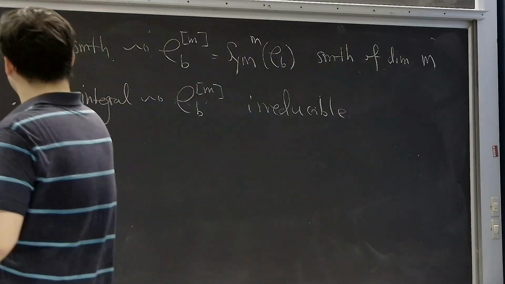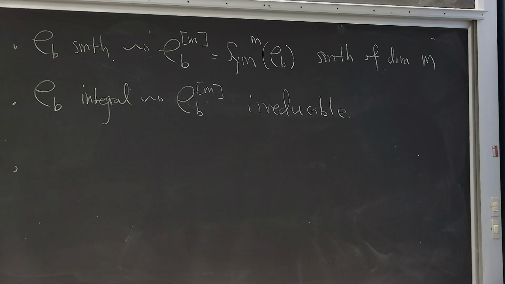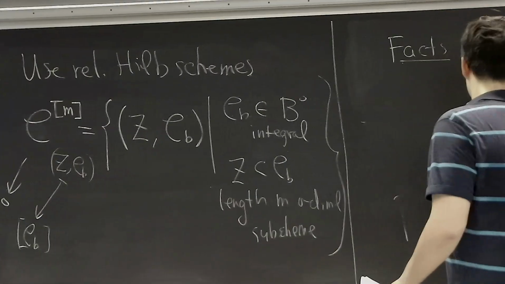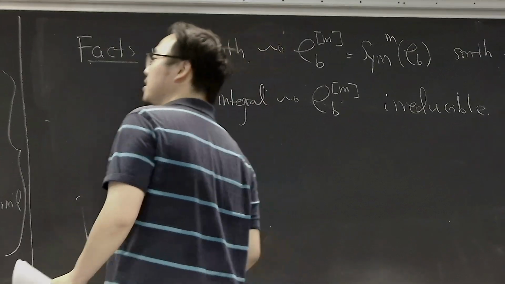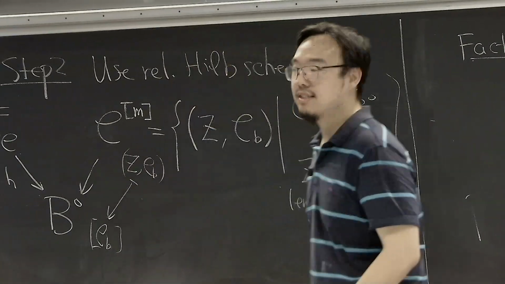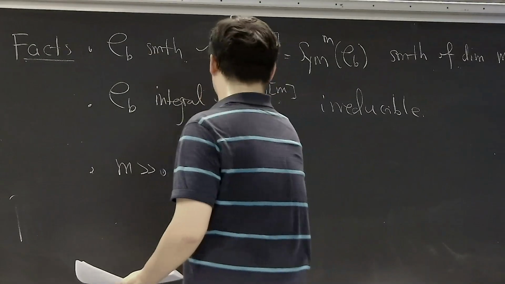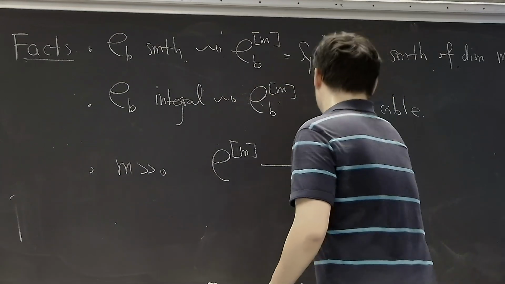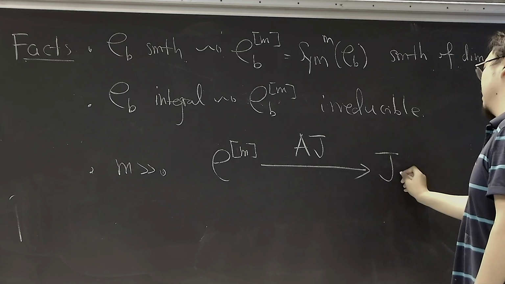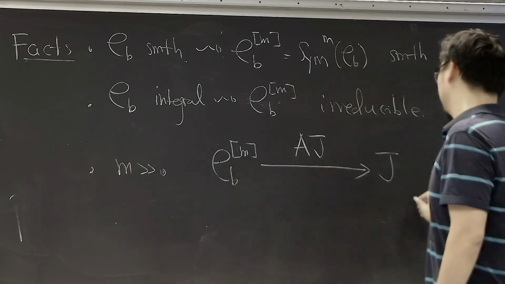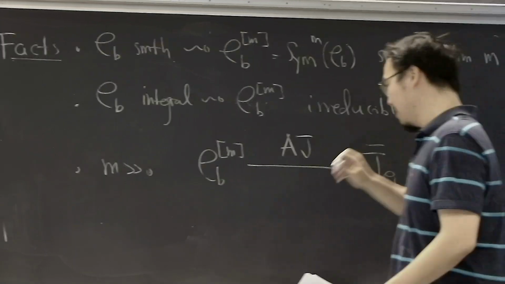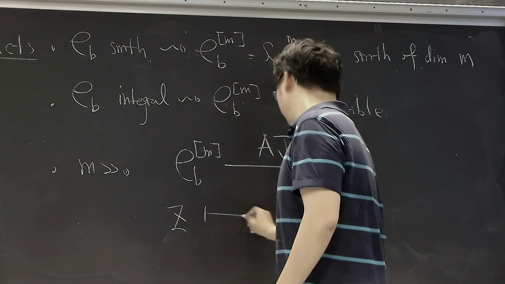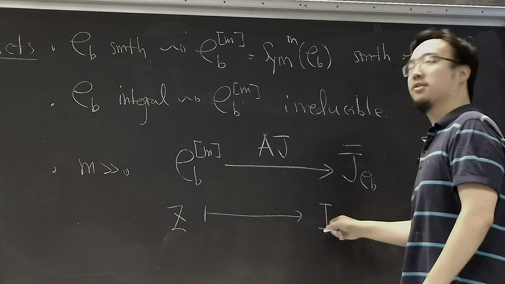And the third thing is that the geometry of this Cm is relatively well understood if M is large enough compared to the genus of the curves. Then you have an Abel-Jacobi map to the compactified Jacobian, sending this Z to the ideal sheaf of Z, which is a rank 1 torsion-free sheaf.